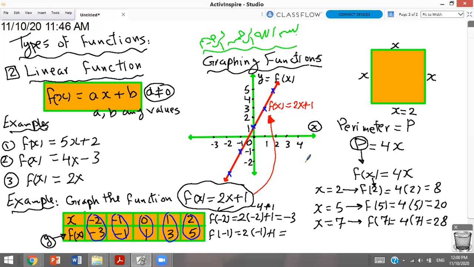Okay, boys. What is the problem? Fix it. Okay. Finish graphing.